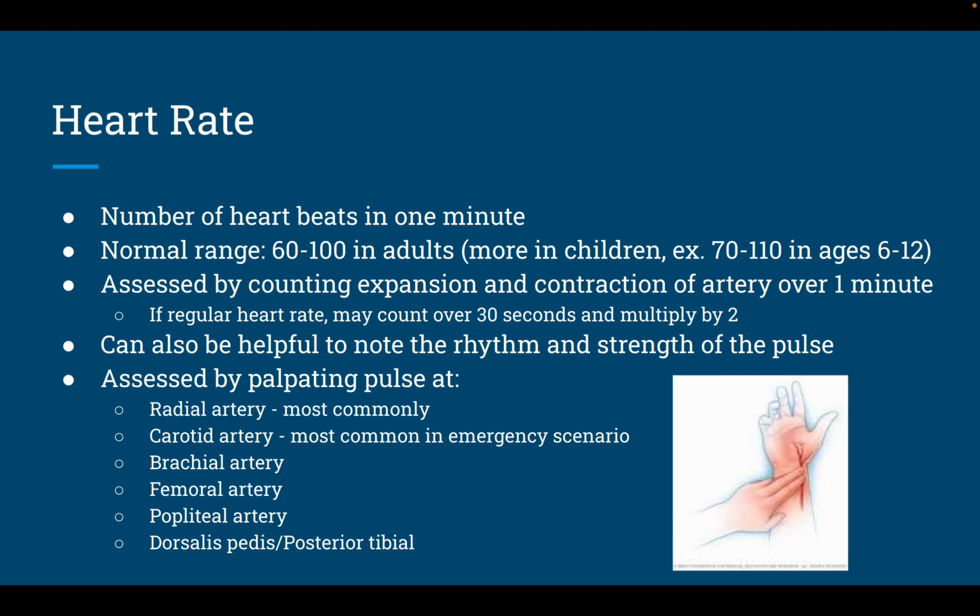Sometimes you'll check a femoral or a popliteal pulse, depending on the context of what information you're trying to get. And then I put here the dorsalis pedis or the posterior tibial as examples of lower extremity distal pulses that are important to check, for example, in a femur fracture to see if there's any distal vascular compromise.